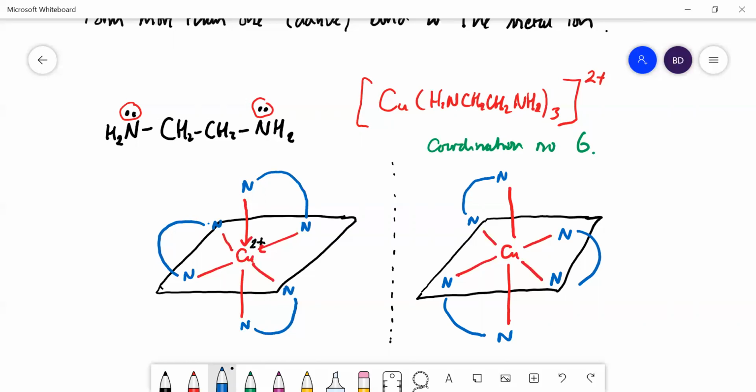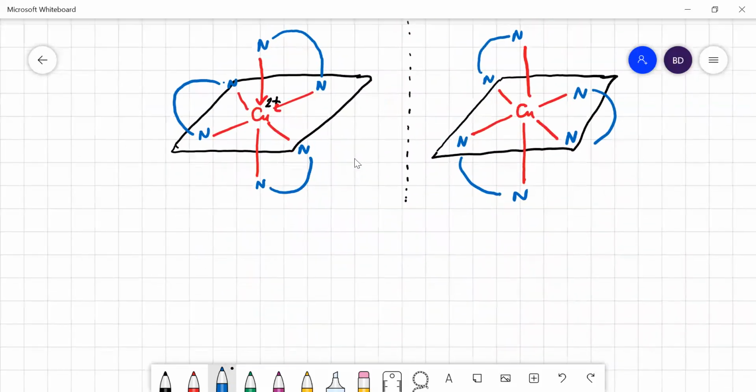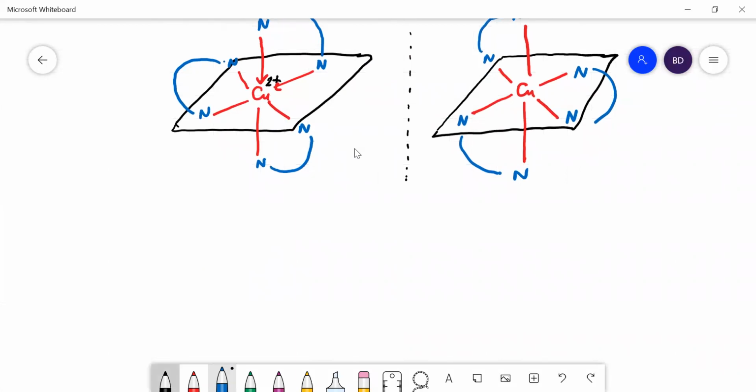If you look in the specification, it says you do need to know that when you have a bidentate ligand forming a coordination number of 6, you get those two things which are non-superimposable. Right, another bidentate ligand we need to know about is the ethane dioate ion.